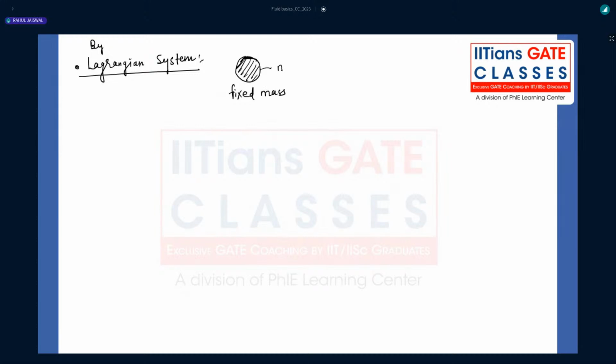What is the mass? M is volume into density, right? Take the log on both sides. So log M equals log V plus log rho. Now differentiate with respect to time.